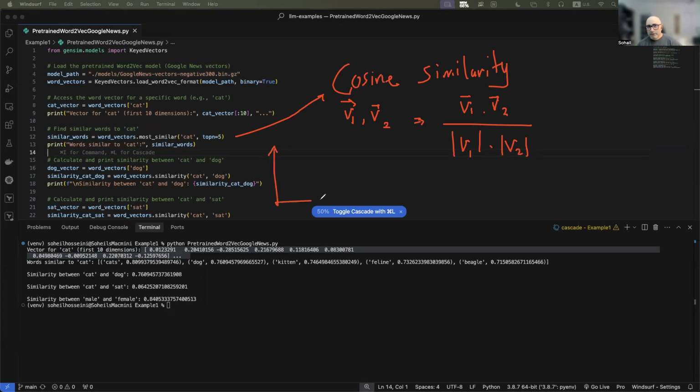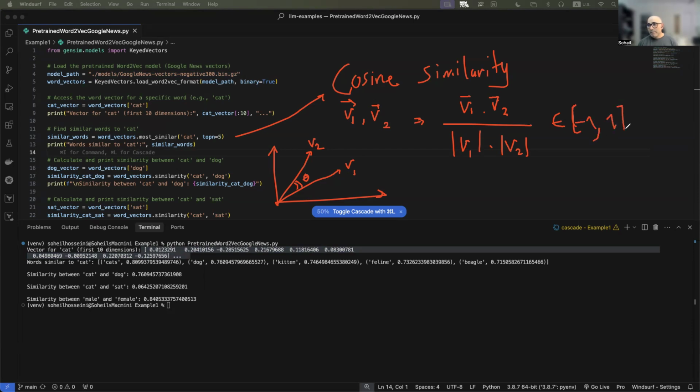If I have two vectors, v1 and v2, the cosine similarity is the cosine value of the angle theta between them. This value would be between -1 and 1.